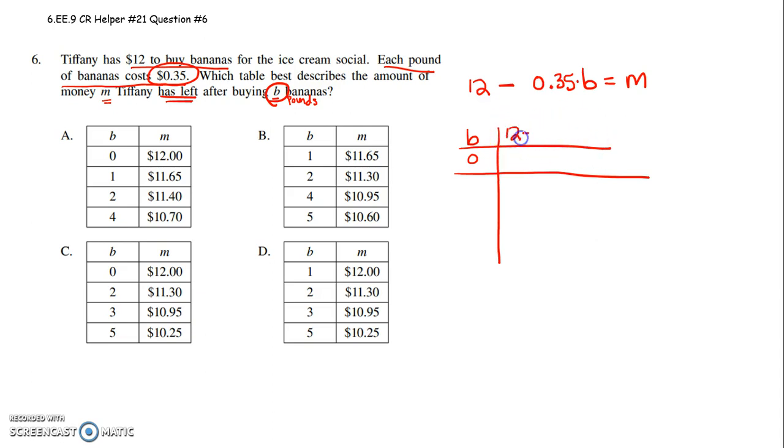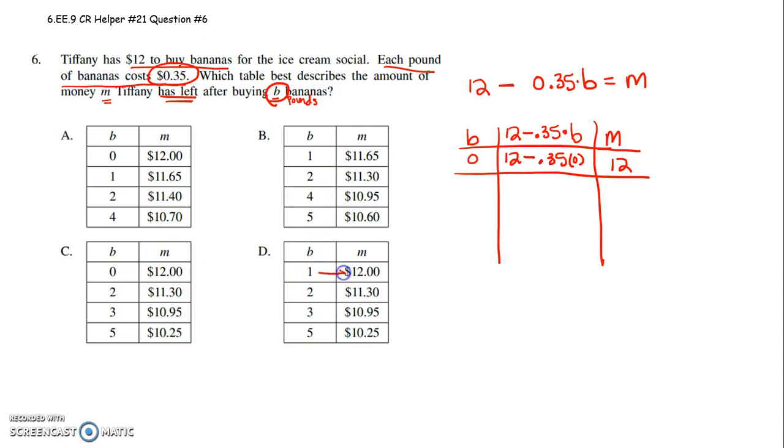I have to do 12 minus 0.35, 35 cents, times however many pounds of bananas I have, and that will give me my answer of how much money I have left. So here I'd have to do 12 minus 0.35 times 0. Well, 0.35 times 0 is 0. 12 minus 0 is 12. So across from the 0, I better have a 12. So that seems reasonable, and that seems reasonable.